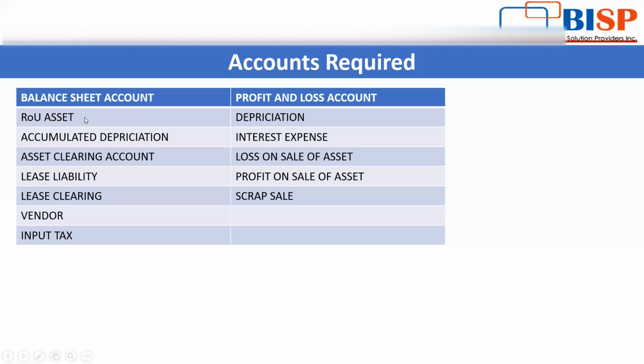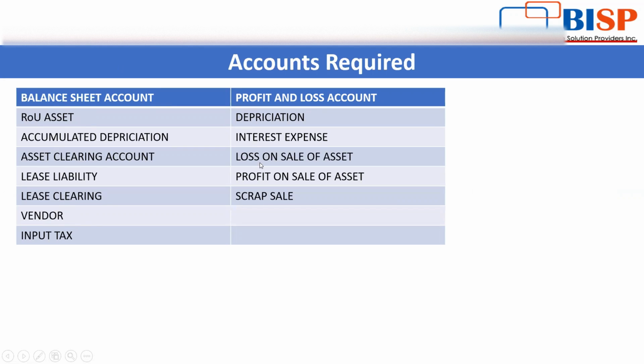So first, under balance sheet accounts, we need ROU asset, that is right to use asset. We need accumulated depreciation, asset clearing account, lease liability account, lease clearing account, our vendor account, and input tax account. Similarly, in profit and loss accounts, we need to create a few depreciation accounts, then interest expense account.